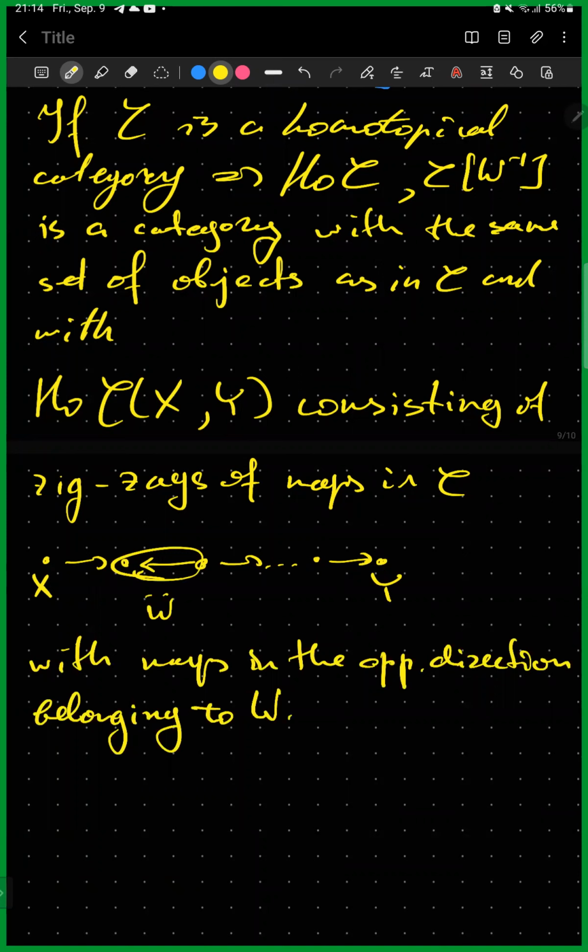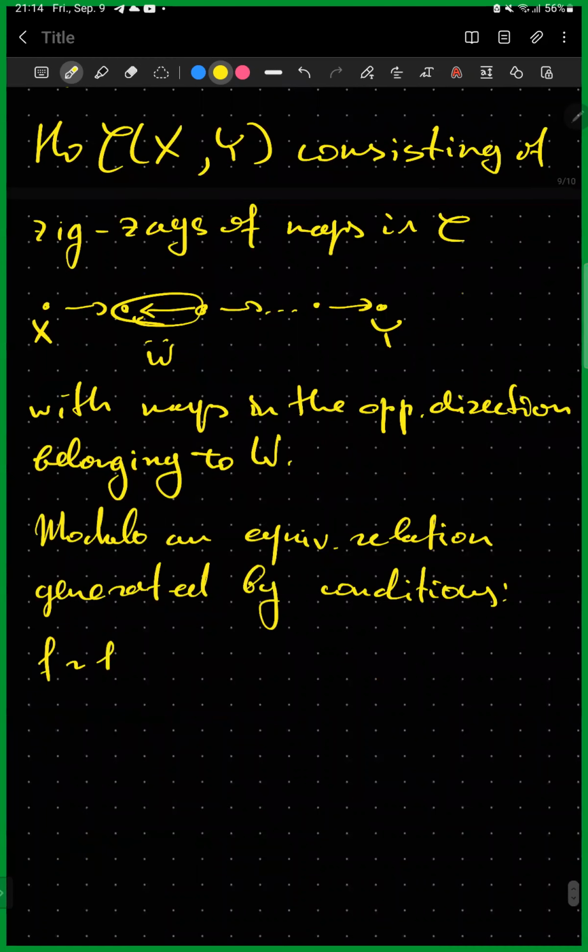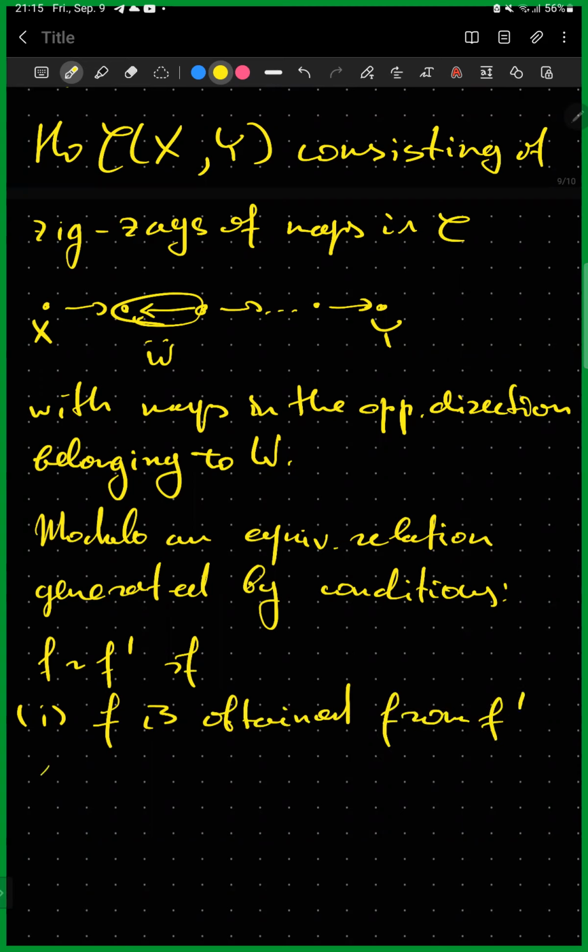And we should mod out by an equivalence relation generated by conditions of the following form. So F is obtained from F prime by removing identity morphisms.